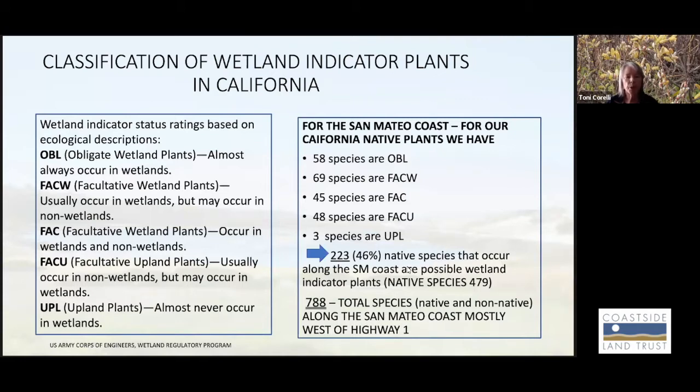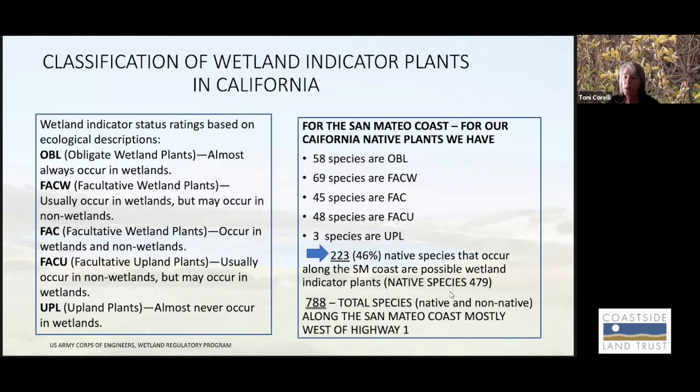That's a total of 223 species of native plants that occur along the San Mateo Coast. Our total number of native plant species along the San Mateo Coast is 479. So that's 46% of our plants that may occur in coastal wetlands. Total number of species, native and non-native, that we found along the San Mateo Coast is 788 plants.